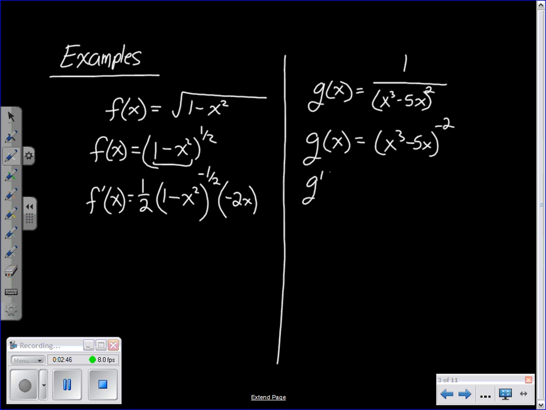When I go to find the derivative, g prime of x equals, I take the derivative of the outside, so negative 2, subtract 1 from the exponent, repeat the inside exactly like it is, and then I'm going to multiply by the derivative of the inside. So the derivative of x cubed minus 5x is 3x squared minus 5, and that's using power rule. So the derivative here, g prime of x, equals negative 2 times the quantity x cubed minus 5x to the negative third power, and then multiplied by 3x squared minus 5.